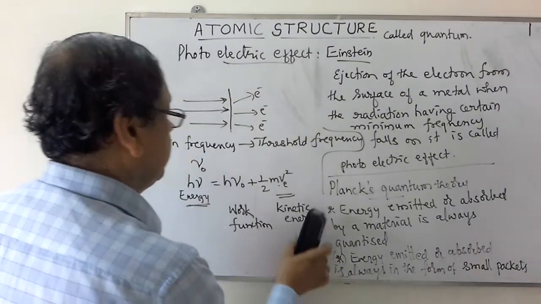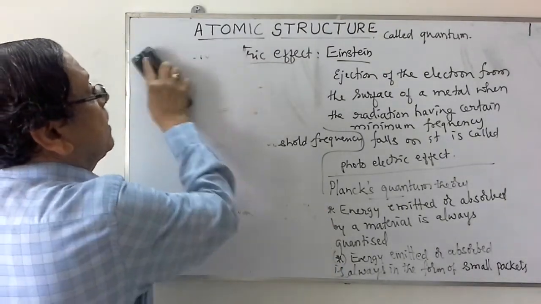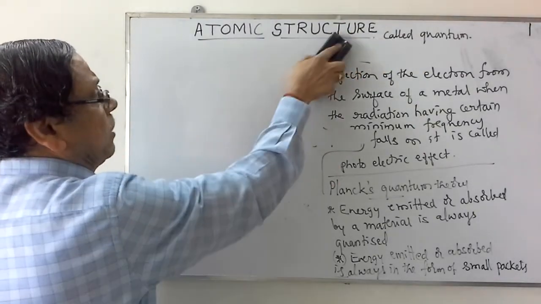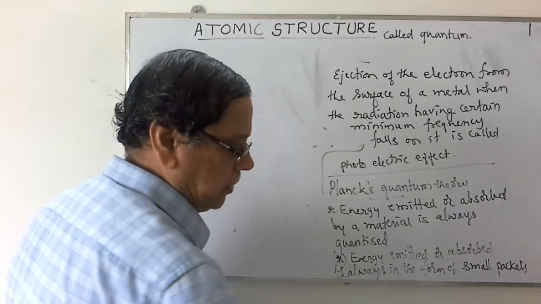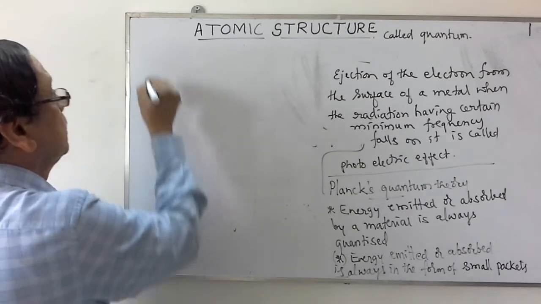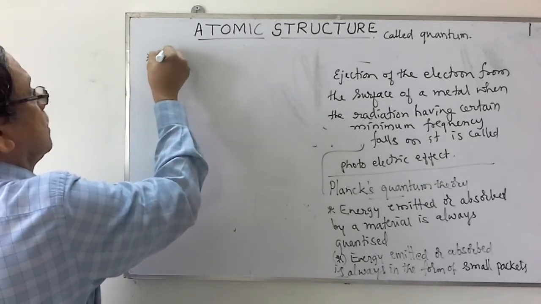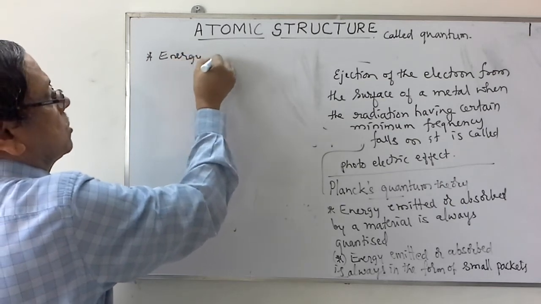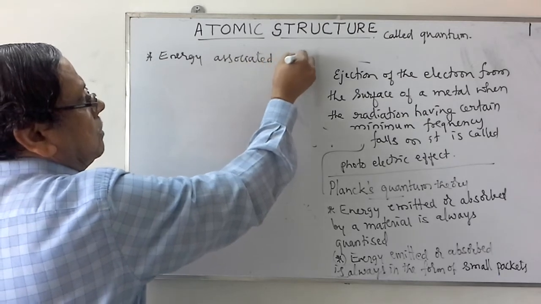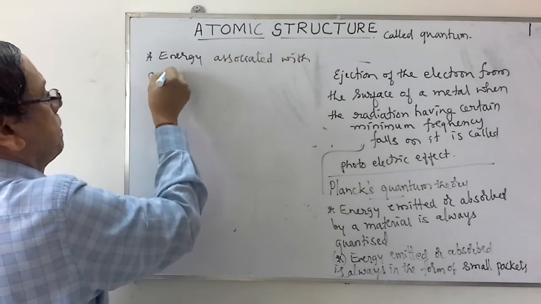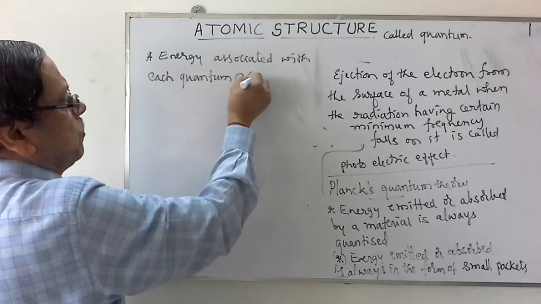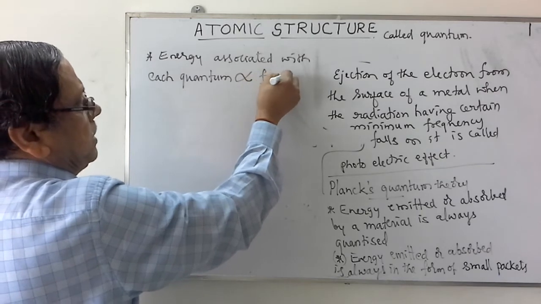So to continue this one, Planck related the energy and the frequency of radiation. The energy associated with each quantum is directly proportional to frequency.